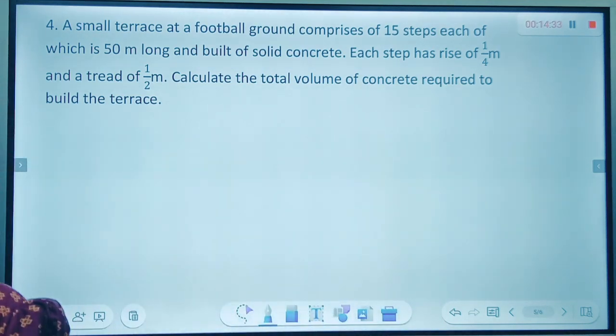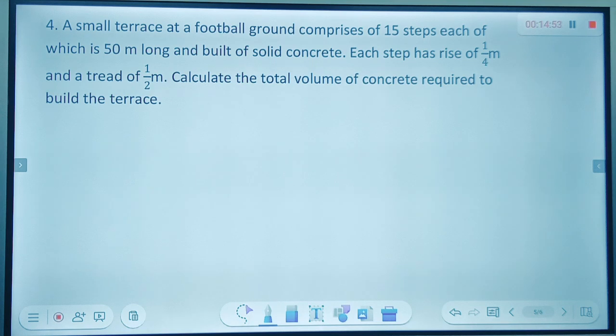Now, a small terrace at a football ground comprises 15 steps, each of which is 50 meters long and built of solid concrete. Each step has a rise of 1/4 meters and a tread of half a meter.